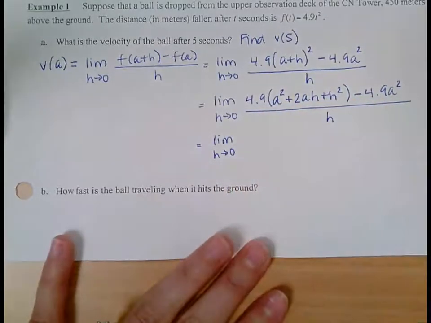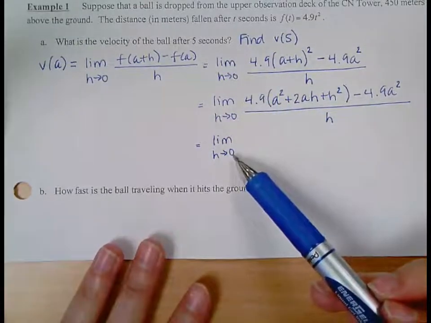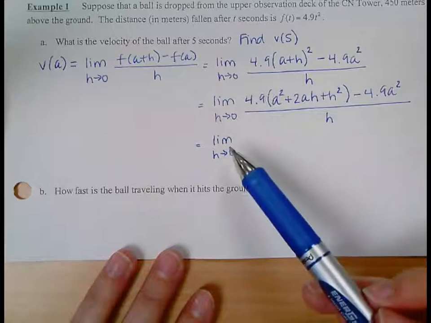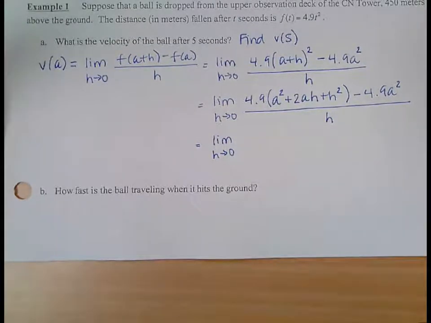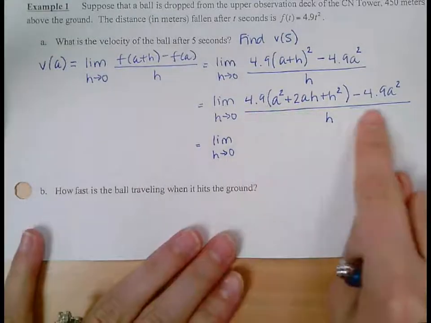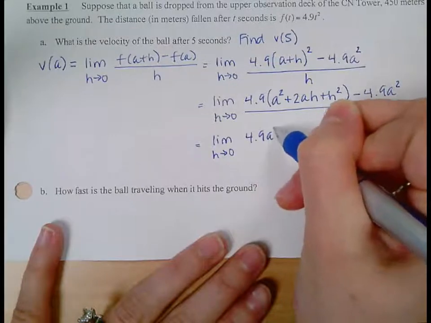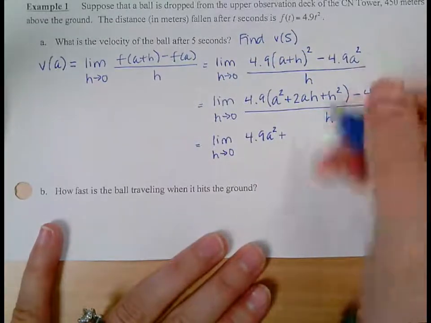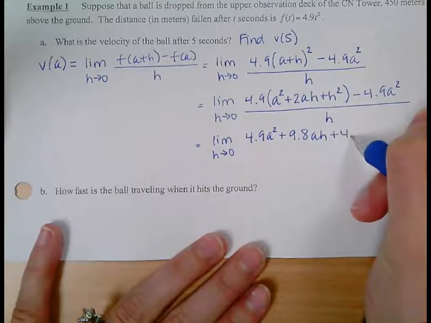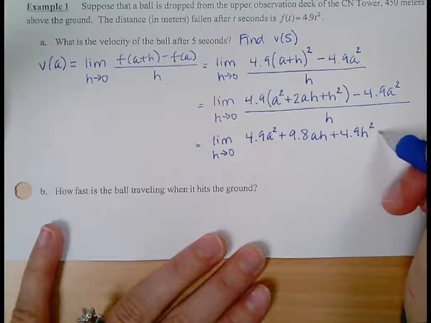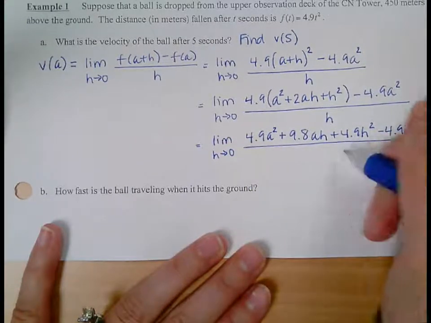And notice, I know I've talked about this before, how I'm still carrying down my limit as h approaches 0. We haven't actually taken the limit yet, so continue writing that. I can distribute the 4.9, so that'll be 4.9a squared plus 9.8ah plus 4.9h squared, and then I still have minus 4.9a squared all over h.